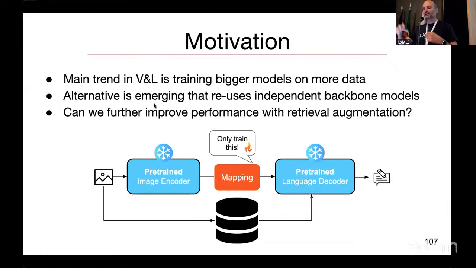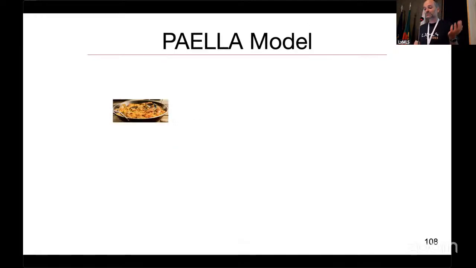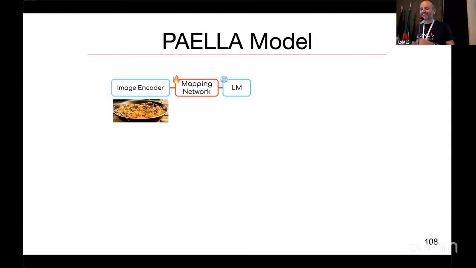So we wondered, could you use retrieved examples as a way to escape from this bottlenecking problem and give the language model many more clues about what to do? The student called it Paella because it was a funky name and she really liked paella as a food. Important decisions there.